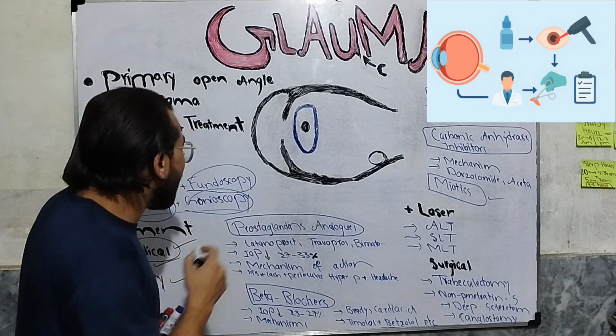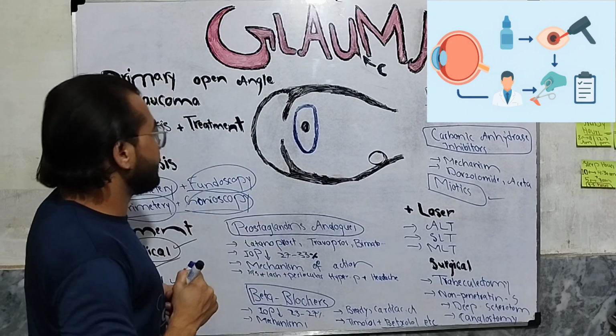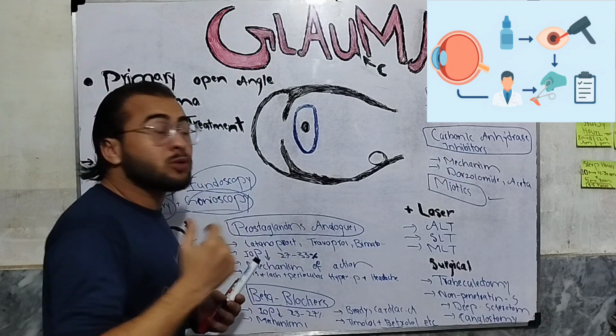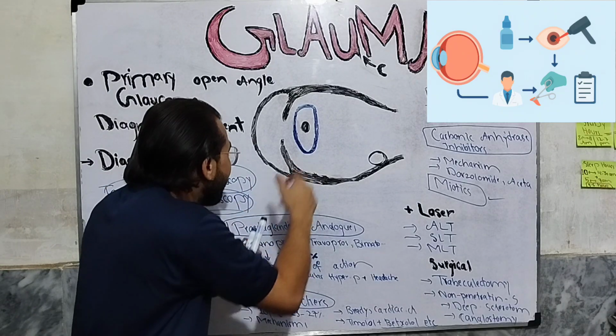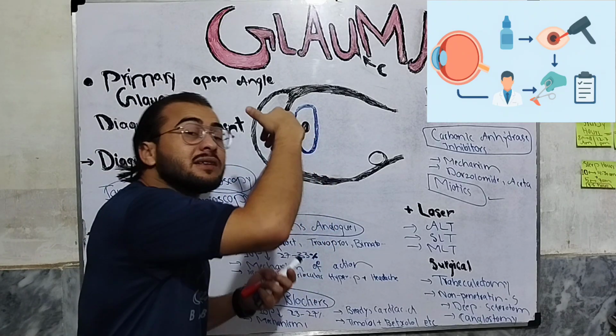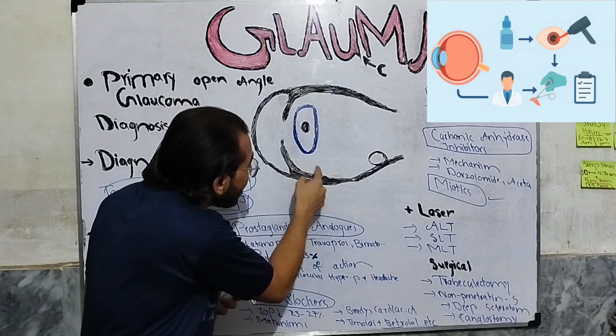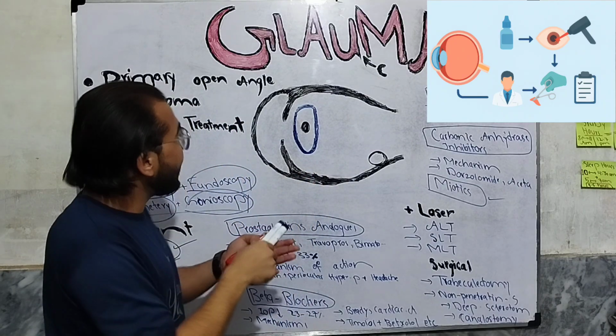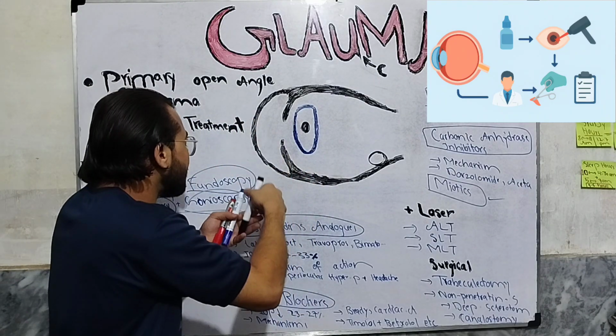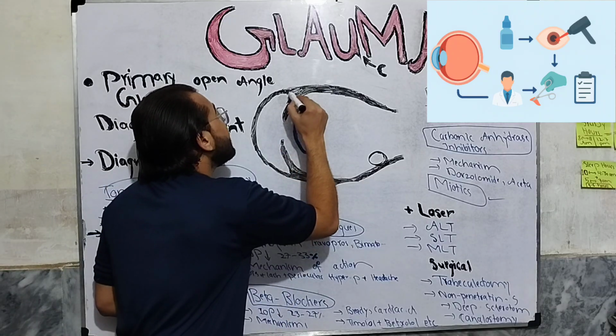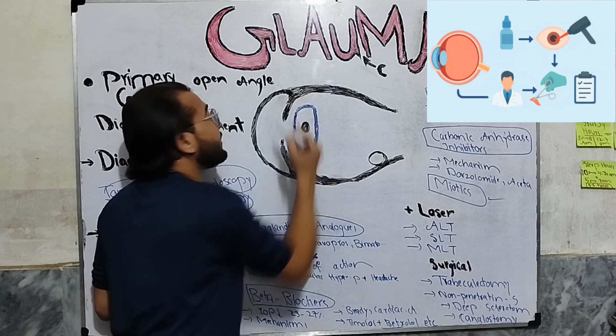So how do prostaglandin analogs work? They increase the aqueous outflow through the uveoscleral route. As we noted, in primary open-angle glaucoma the trabecular meshwork is occluded.